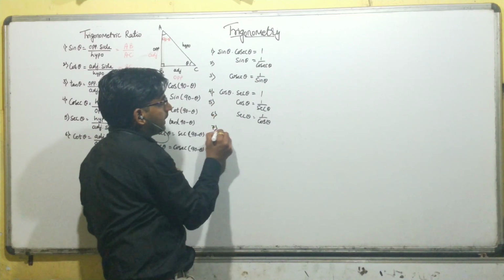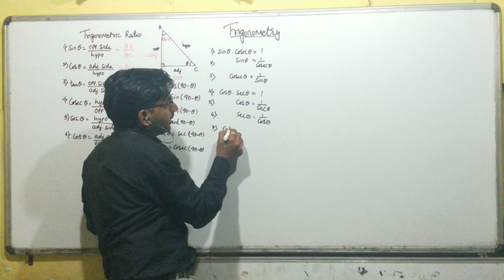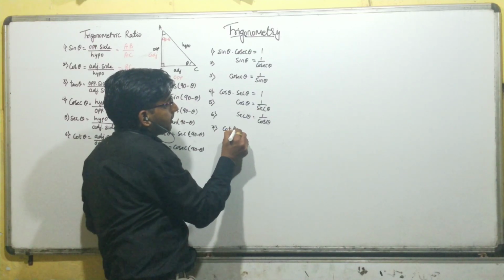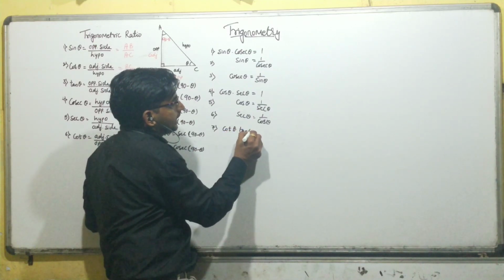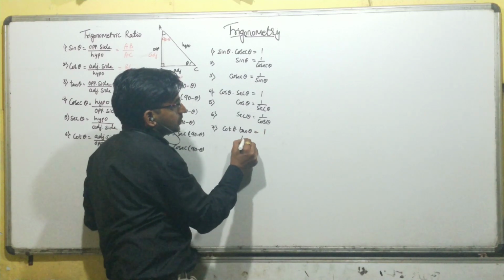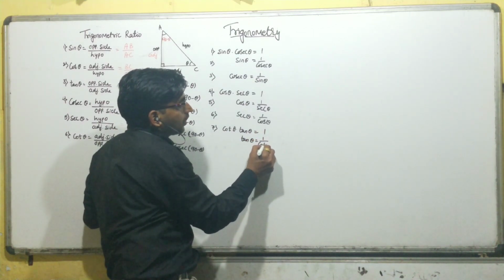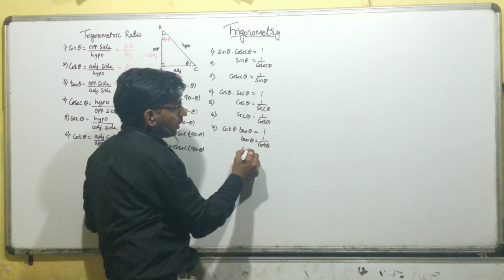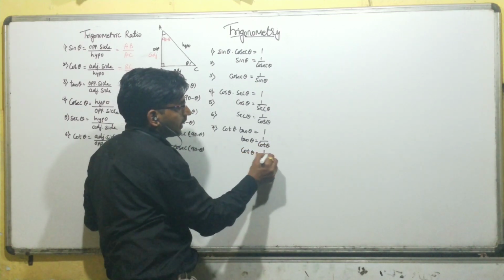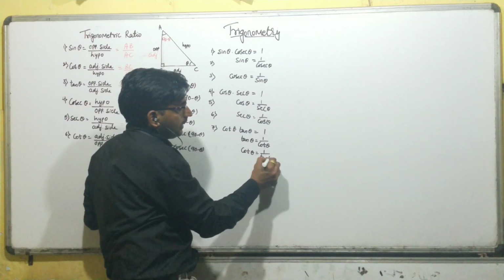Now seventh is cot theta into tan theta is equal to 1. So tan theta is equal to 1 upon cot theta, and cot theta is equal to 1 upon tan theta.